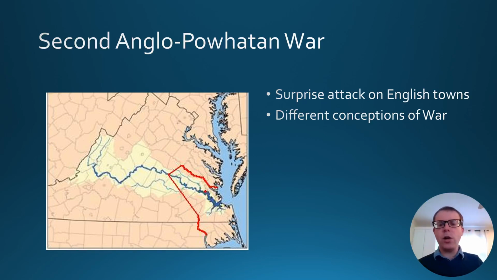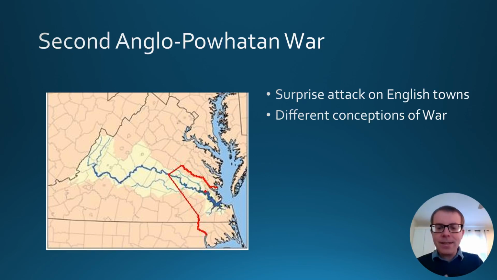And so he organizes many different Algonquin villages and organizes a mass uprising against the English. And this mass surprise attack on English towns actually kills one-third of the English population overnight.